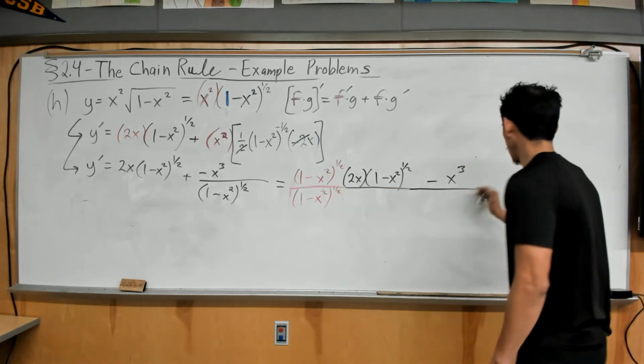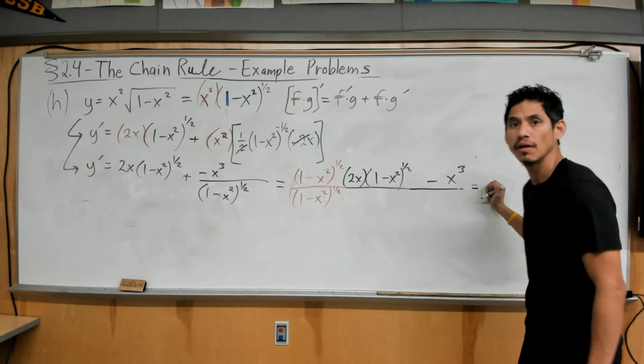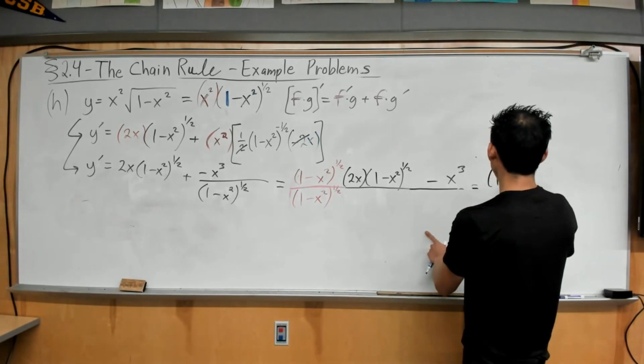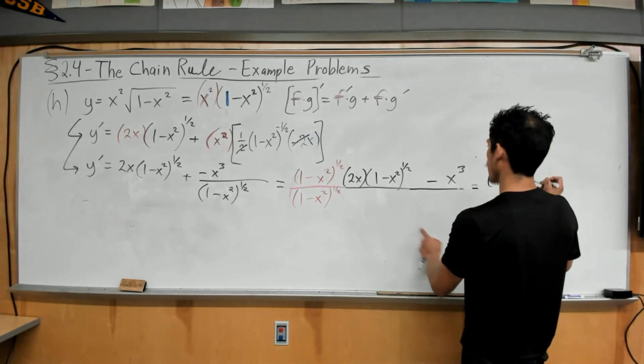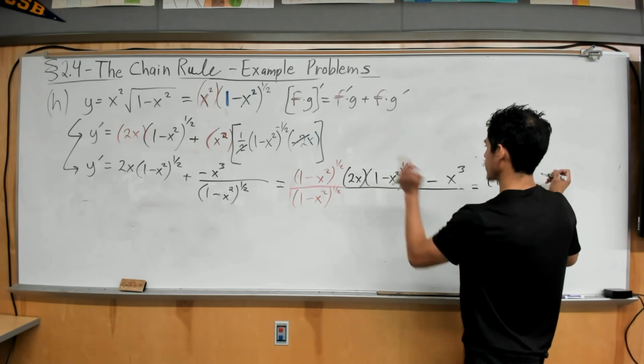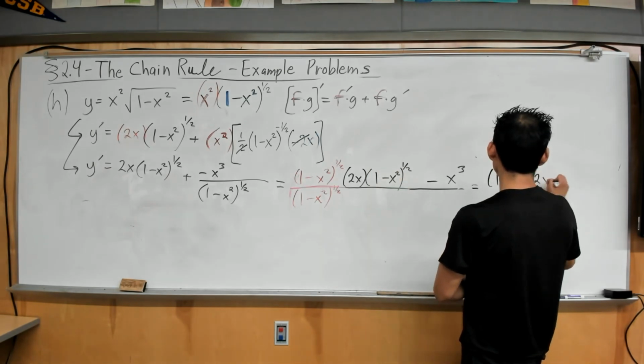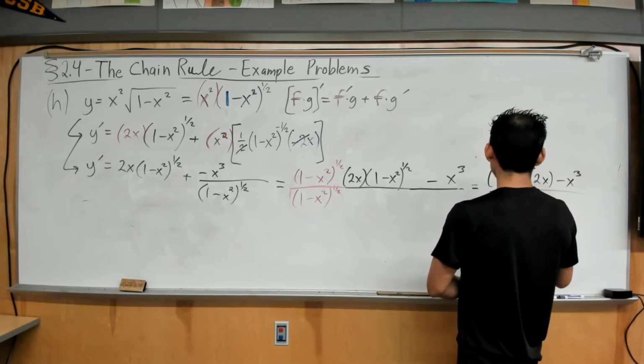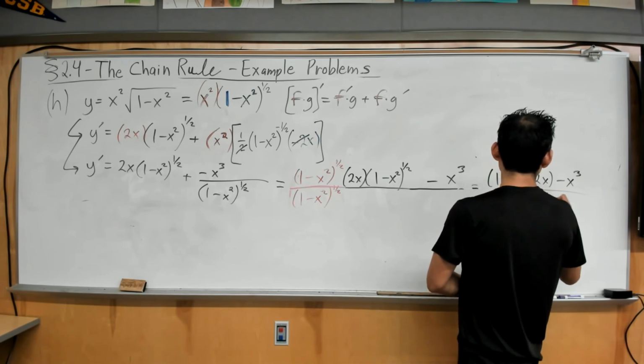These are the same, so this will just be 1 minus x squared to the 1 power, so just 1 times 2x minus x cubed, all over 1 minus x squared to the 1/2.